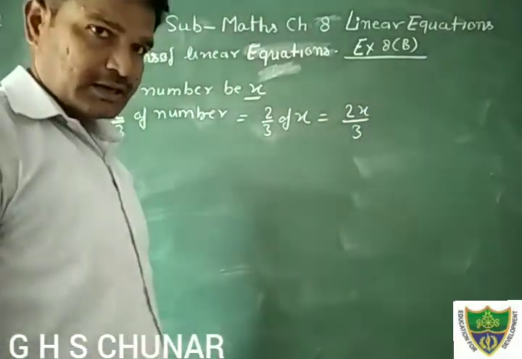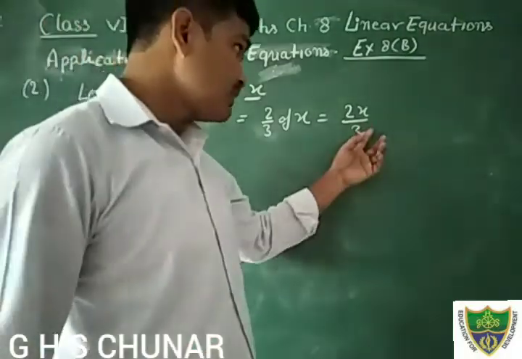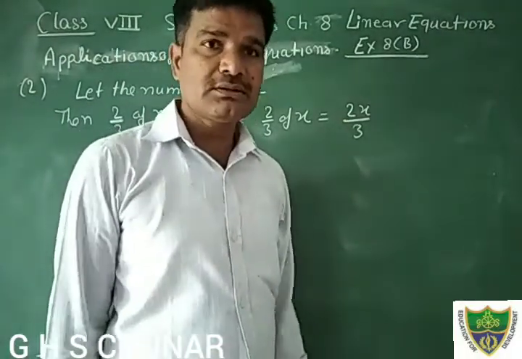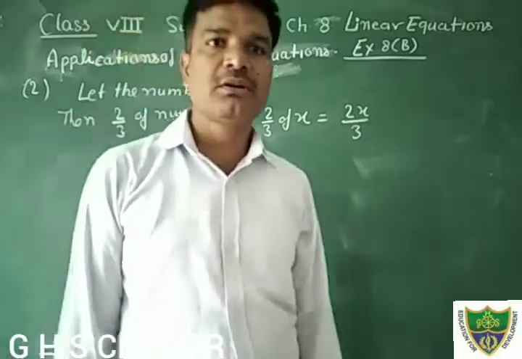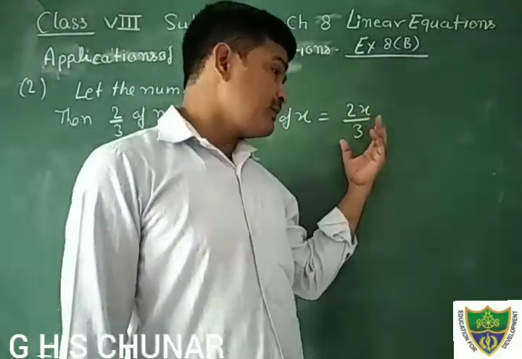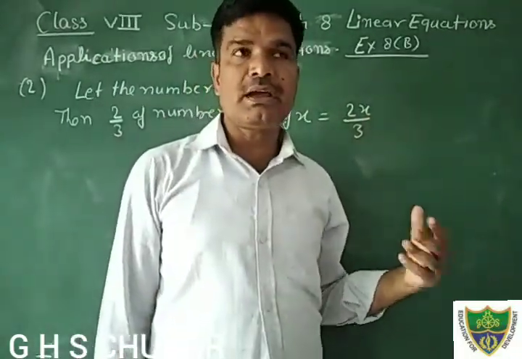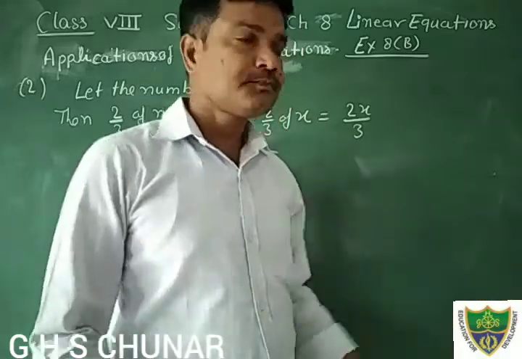Now it is given that this number is 20 less than the original number. So it will be equal to the original number when we add 20.